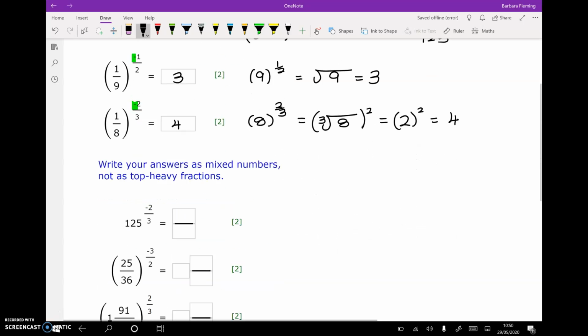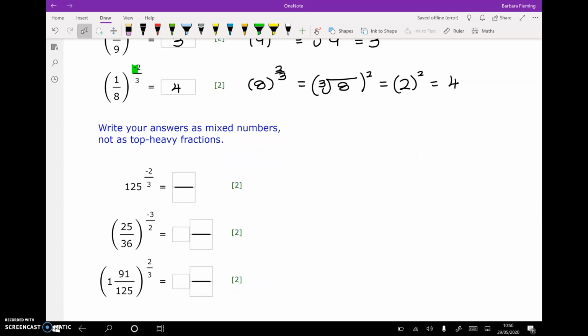Okay, our next section, we want to write our answers as mixed numbers, not as top-heavy fractions. So we've got 125 to the power of negative 2/3. Again, let's deal with that negative first off. So 125, if we deal with the negative, it's going to be 1 over 125, flipping it upside down, essentially, the reciprocal. So that's 1 over 125 to the power of 2/3.